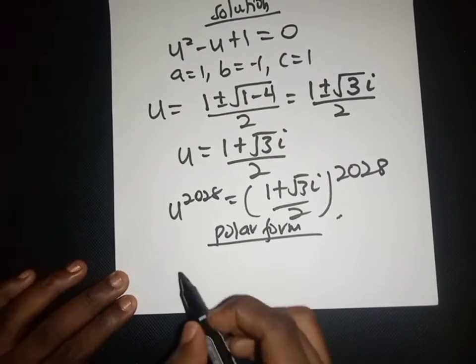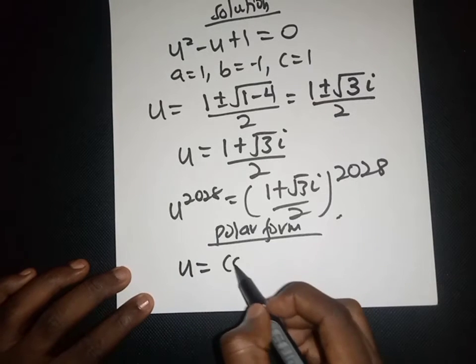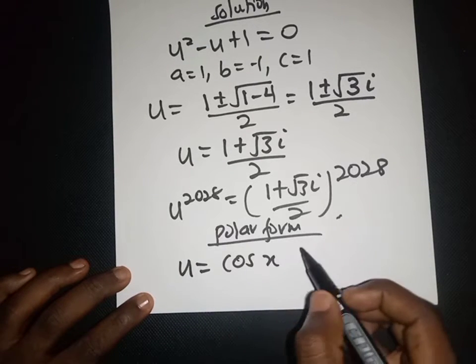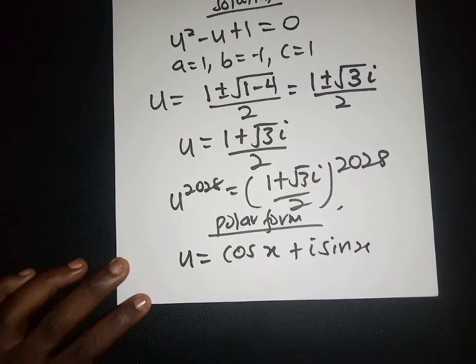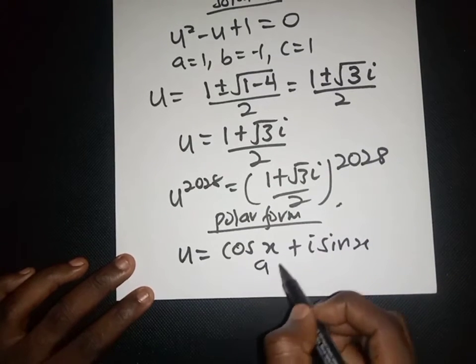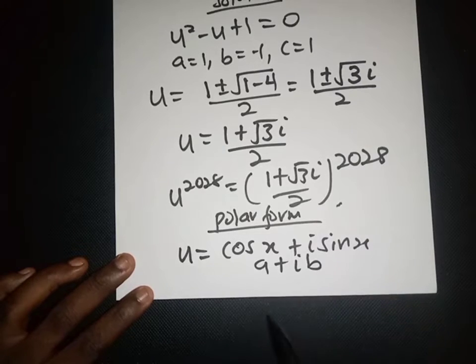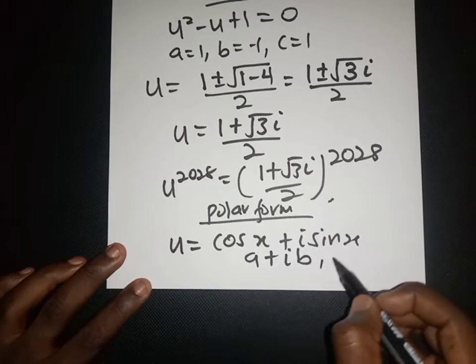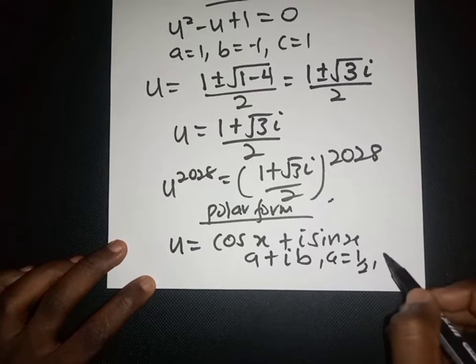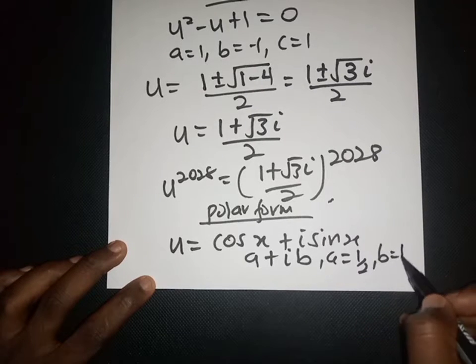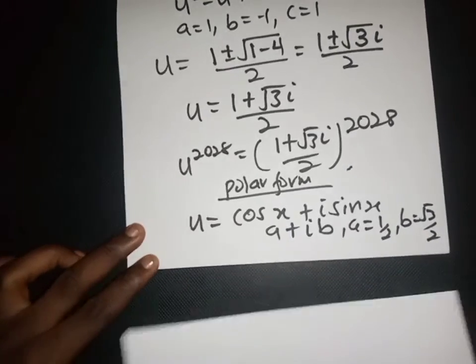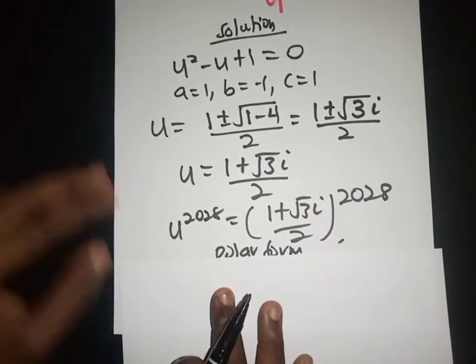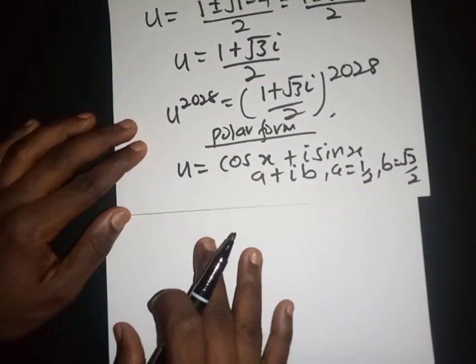So let's say u equal to cos x plus i sine x, in this case where we have just like a plus ib. So in this case our a is just 1 over 2, and then b in this case is just root 3 over 2, right? Now from here what we have to do is to find the modulus of u, right?